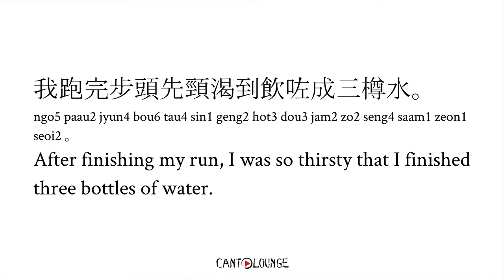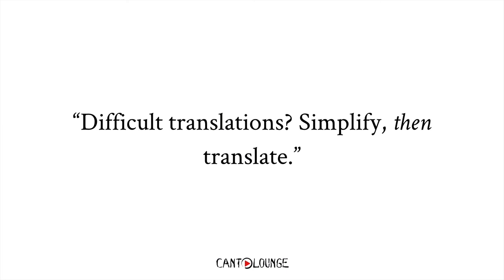So I'd prioritize learning and committing this to memory and trying this out if you can as well. All right, I think that's all we have for today. And if there's nothing else you take away from here, just remember this. If you want to say something in Cantonese from English or from your native language that is a little bit difficult, then your strategy is always to simplify first.